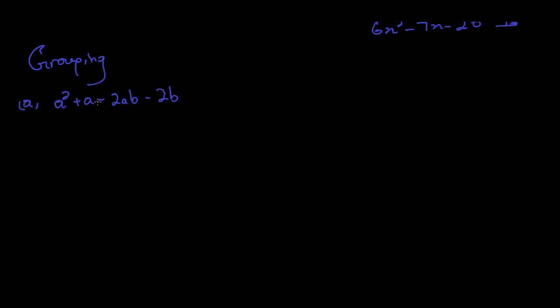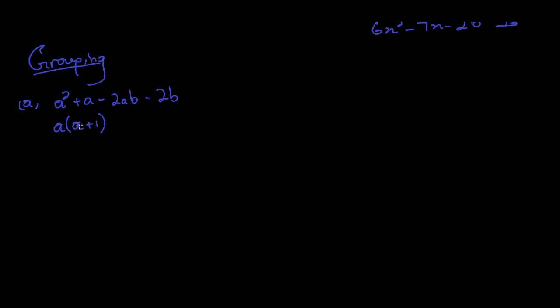Then out of my four terms, I can see that the first two have a common factor, and the last two have a common factor. So grouping simply means that I'll take out a common factor for the first two. So I'll take out the common factor, which is a, then I'm going to be left with a plus 1.